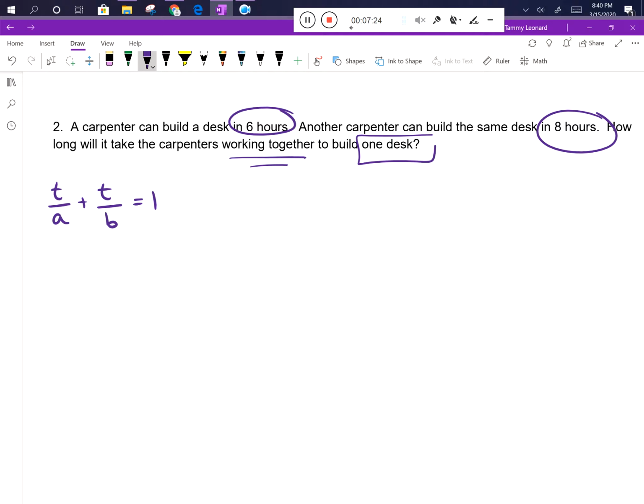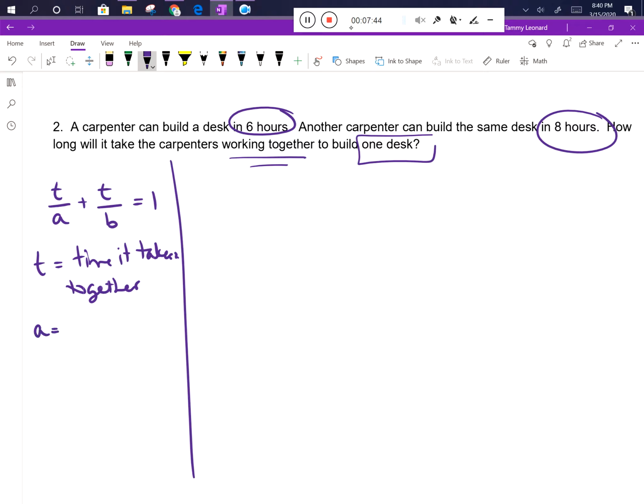Now, let me describe this formula. So T is the time it takes together. So T is going to be the answer to our question. How long will it take the carpenters to work together to build this one desk? A is going to be the time alone for person 1.